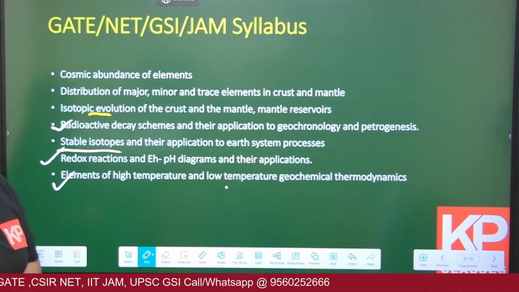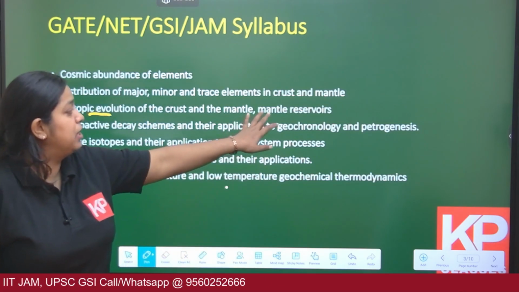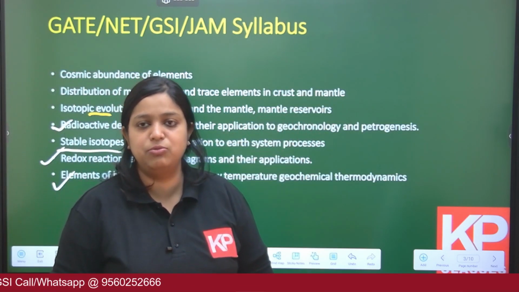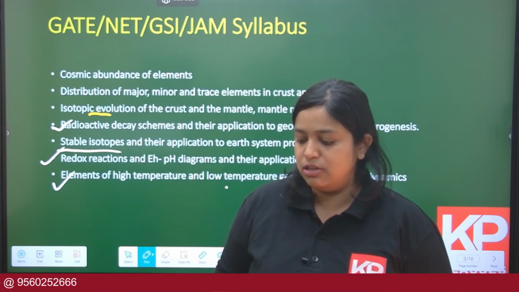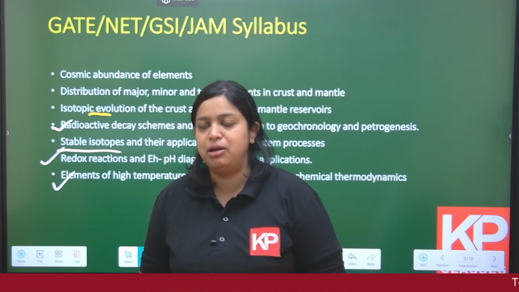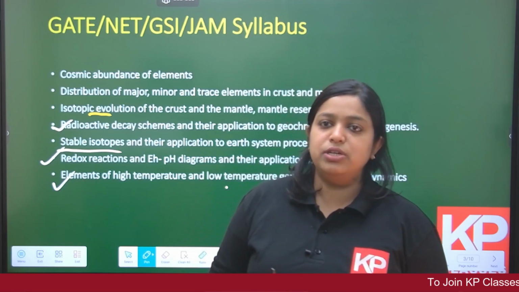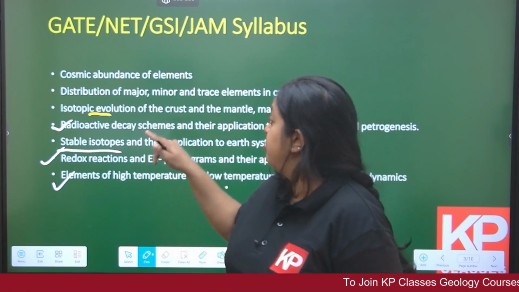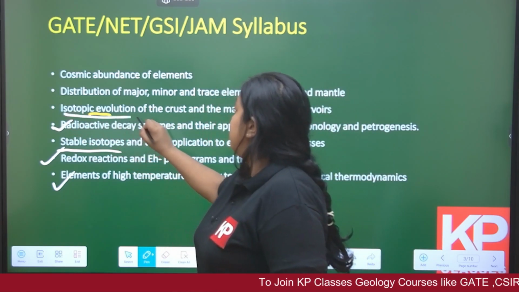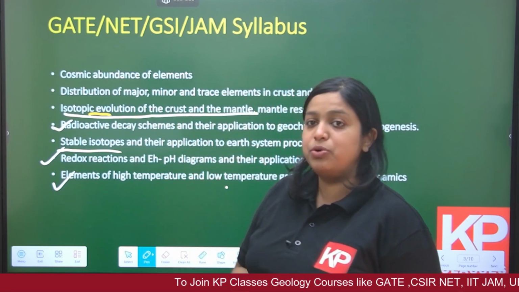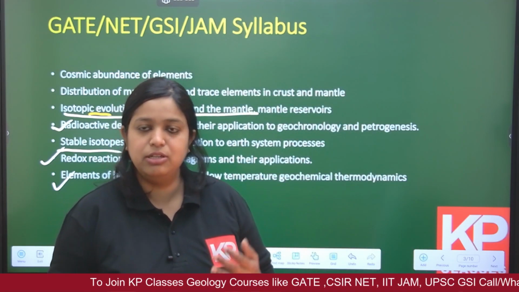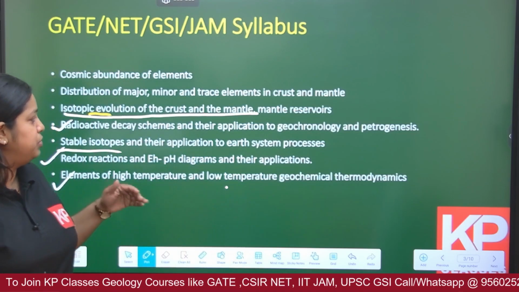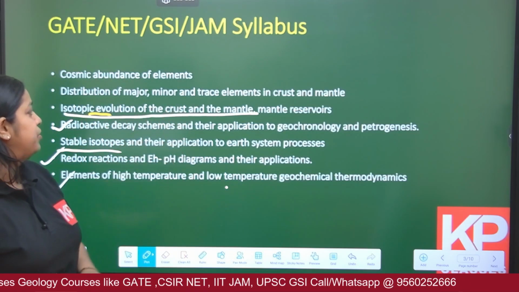And in GSI, mainly they ask about the mantle reservoirs, the different types of mantle reservoirs, and the trace elements and their applications. The geochemical evolution of the earth and the isotopic evolution of the crust and the mantle are very important with respect to the GSI paper. These portions are very important.